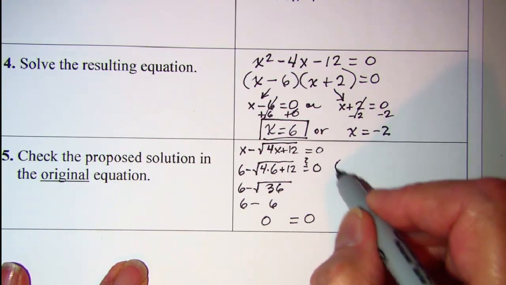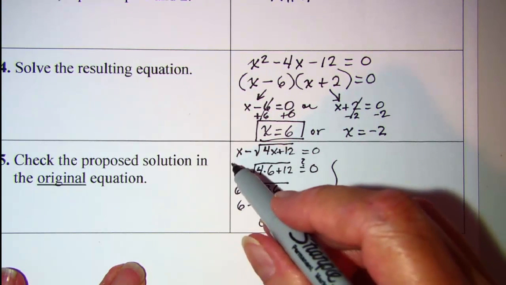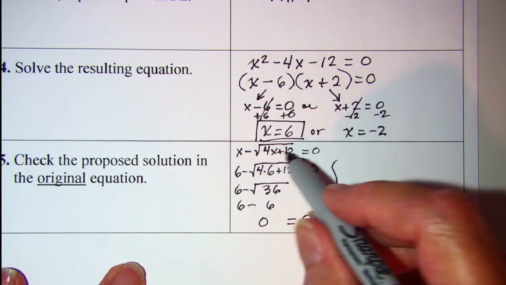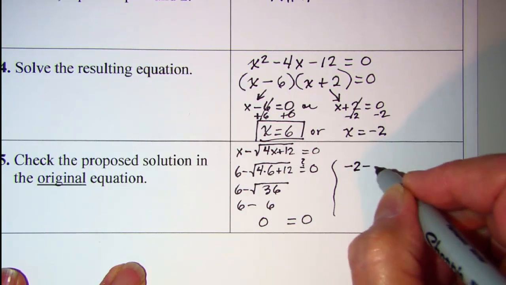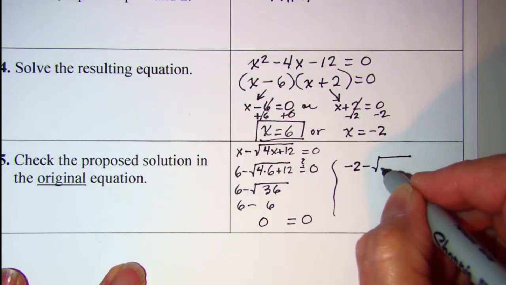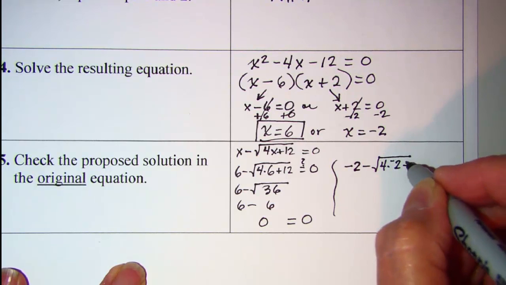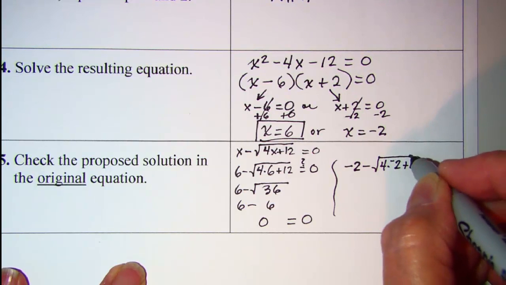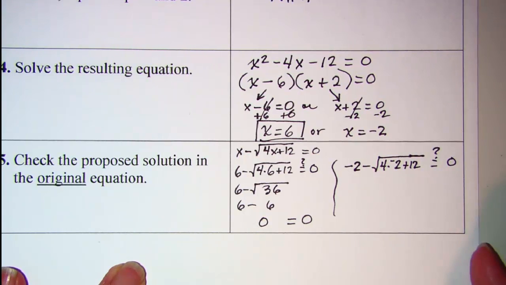Now I'll check negative 2. I'm going to put that back into this original equation. So I have negative 2 subtract square root of 4 times negative 2 plus 12. I want to know if that is equal to 0.